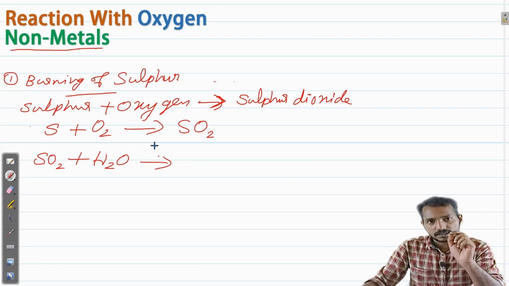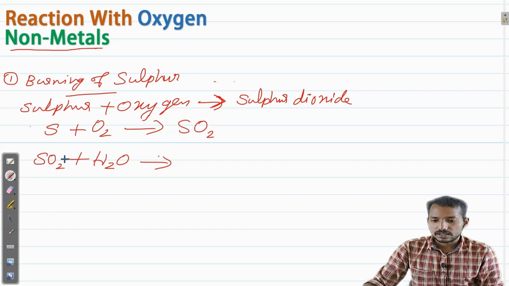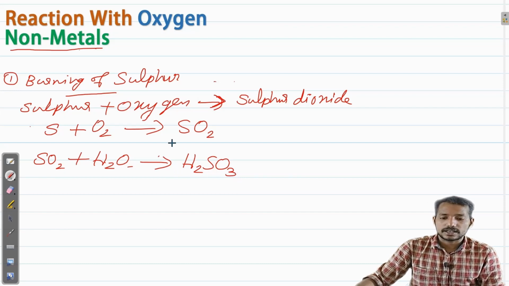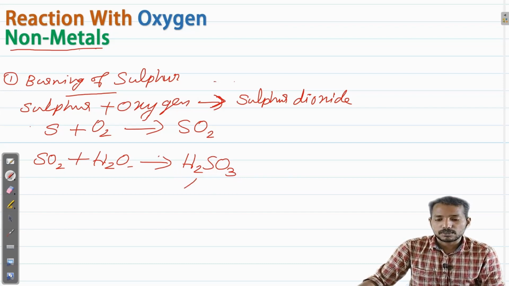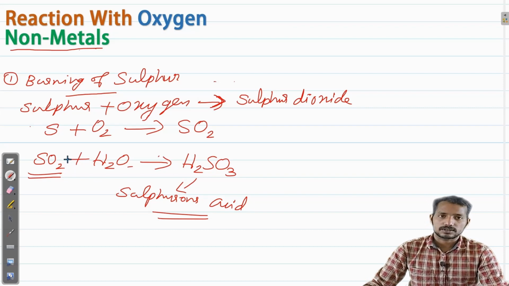You can observe that this solution is acidic in nature. That means the product formed is H2SO3, H2O and SO2 reacting together to give H2SO3. This is nothing but sulfurous acid. Clear? That means this sulfur dioxide is acidic in nature.